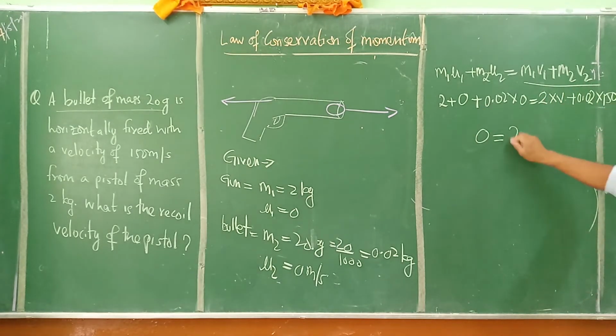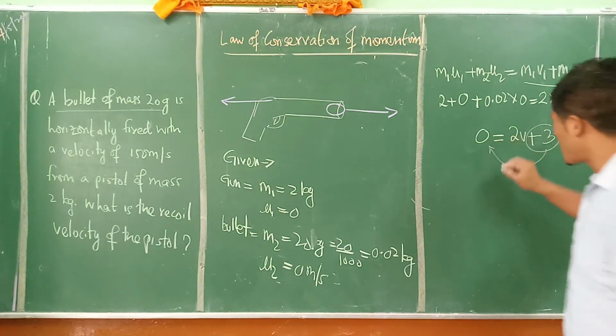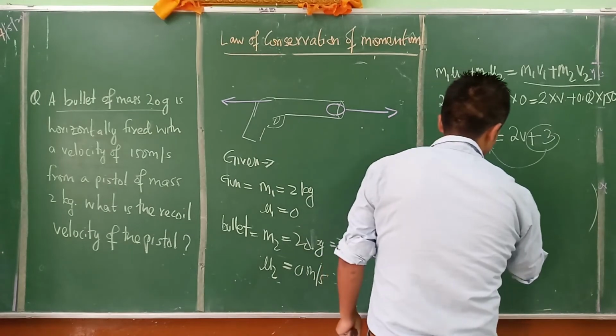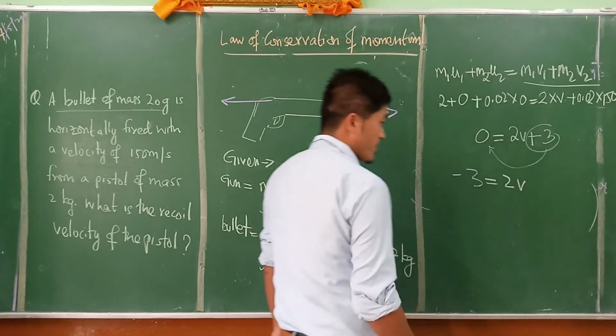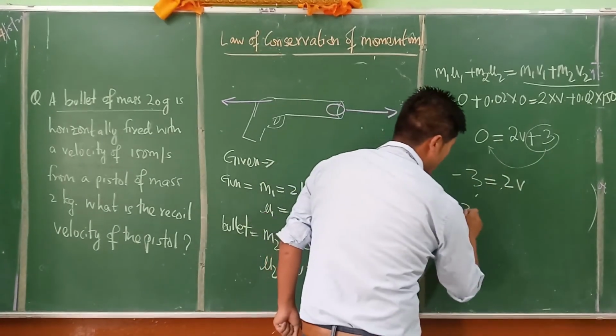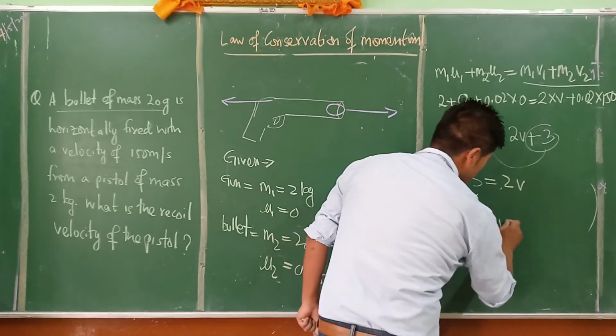Now this is 2v plus 150 times 0.02, which gives 3. Send this to the other side: minus 3 is equal to 2v. Send the 2 down: minus 3 divided by 2 is equal to v.